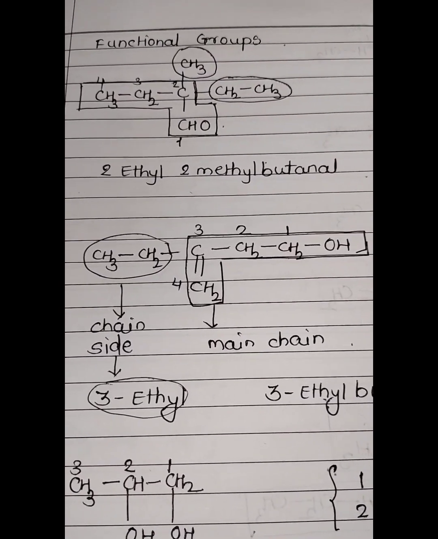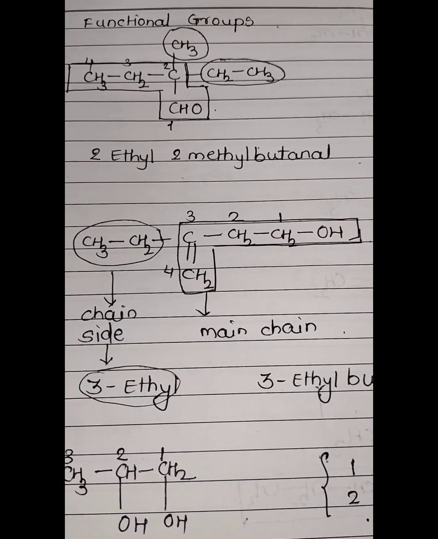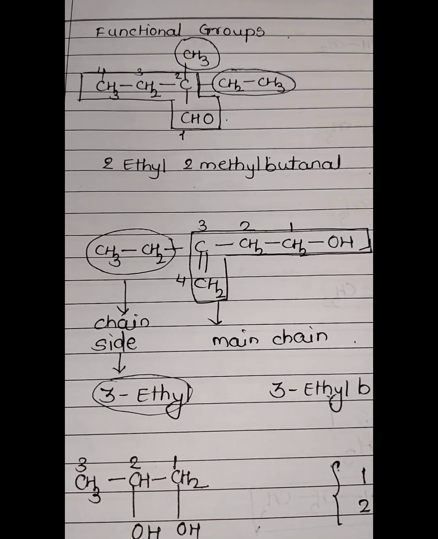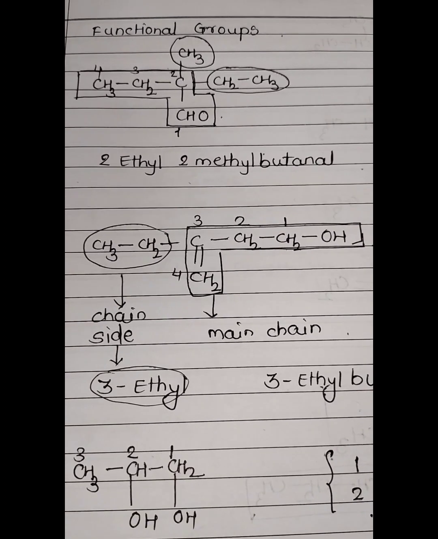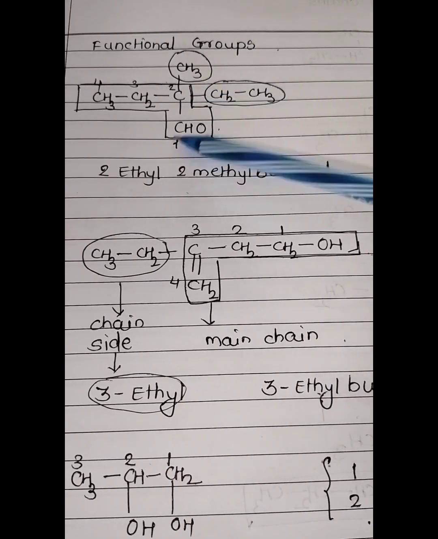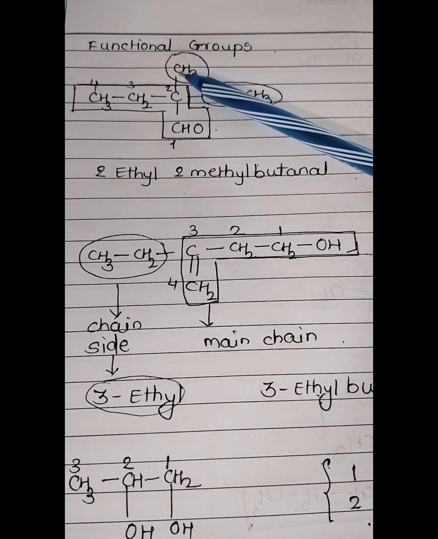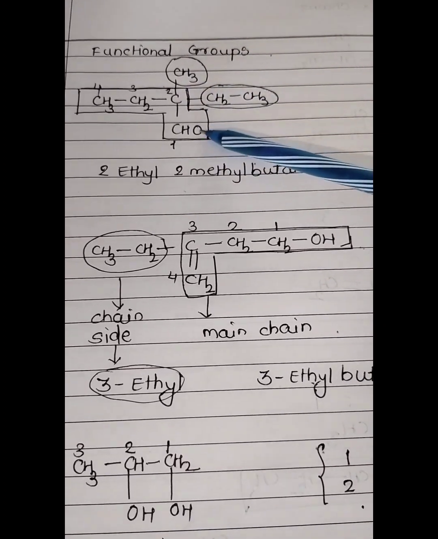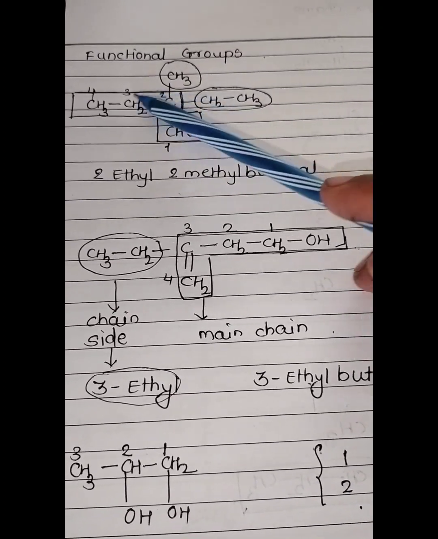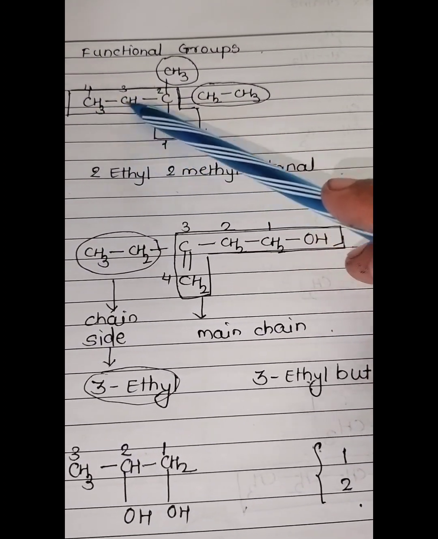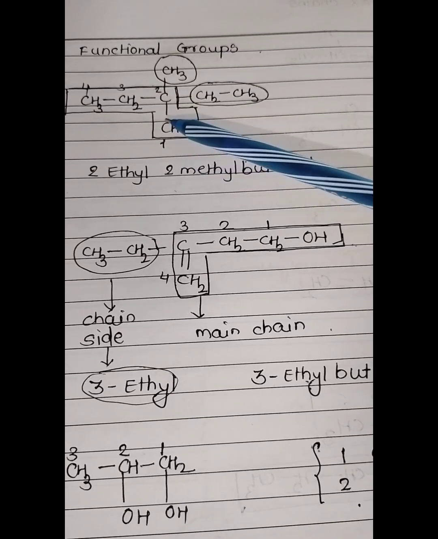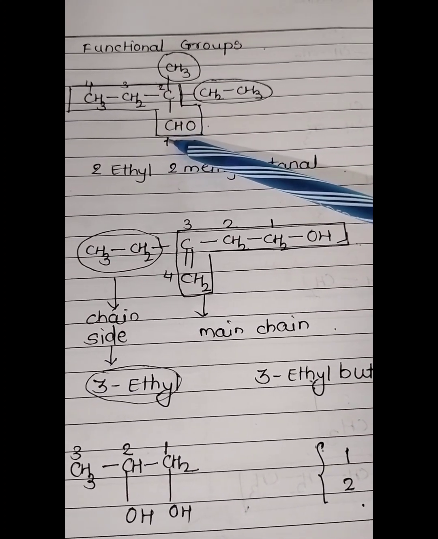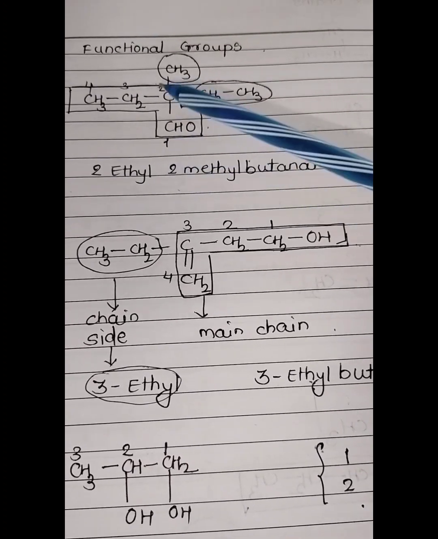Next is the functional group. If the compound contains a functional group, substituents and a double bond, then how do we number or name the compound? In this example, an aldehyde group is attached to the second carbon, and two substituents are attached. So we select the parent chain which contains the functional group, and the terminal group gets the lowest locant number, so numbering 1 2 3 4.